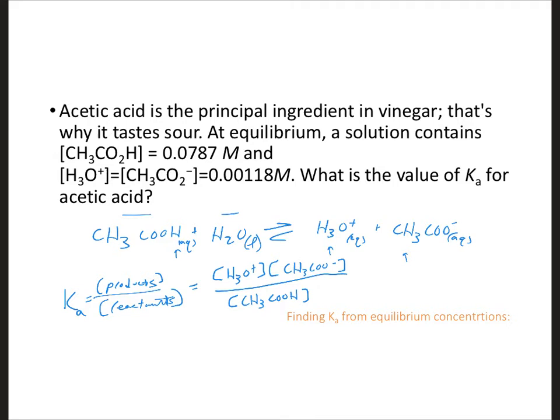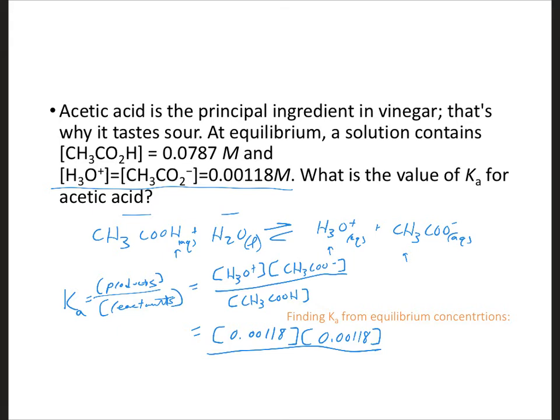They've given us the H3O plus concentration. It's going to be identical to the CH3COO minus concentration, and they've given that to us here, so we're going to put that in on the top line. That's going to be 0.00118 times that exact same number, because it's the same concentration for both of those products.